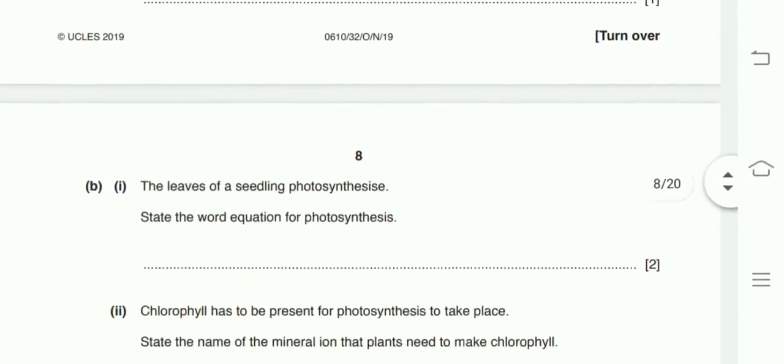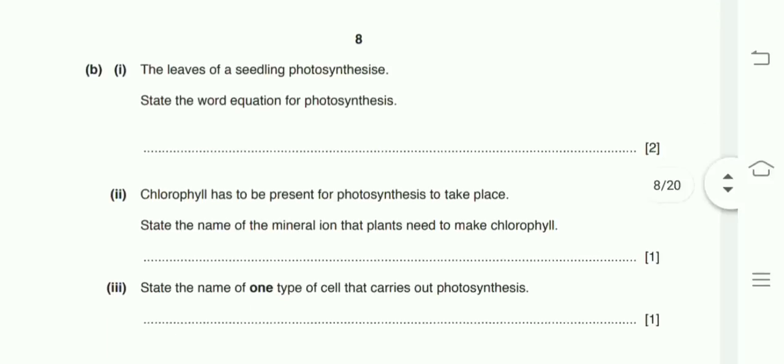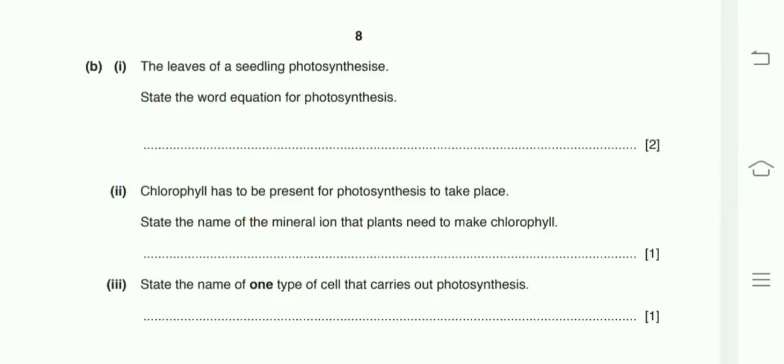gravitropism. And then B, the leaf of the seedling carries out photosynthesis. State the word equation of photosynthesis. Photosynthesis is carbon dioxide plus water, and they become glucose and oxygen. And then 5B2, chlorophyll has to be present for photosynthesis to take place.